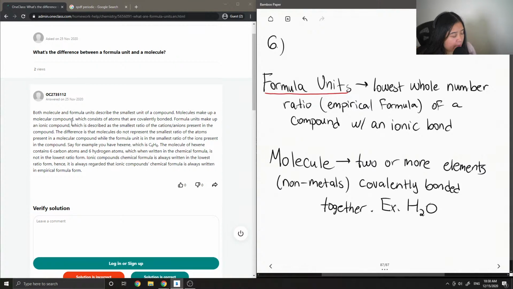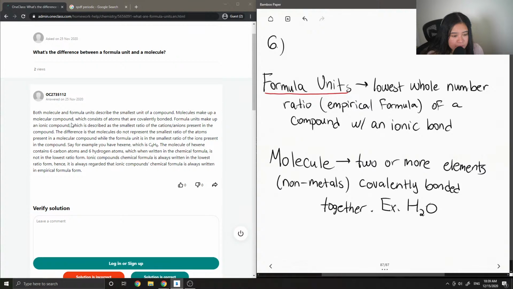Say, for example, you have hexene, which is C6H6. The molecule of hexene contains 6 carbon atoms and 6 hydrogen atoms, which, when written in the chemical formula, is not in the lowest ratio form. Ionic compounds' chemical formula is always written in the lowest ratio form, hence it is always regarded that ionic compounds' chemical formula is written in empirical formula form.